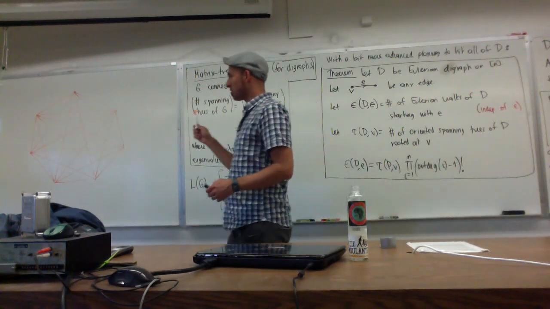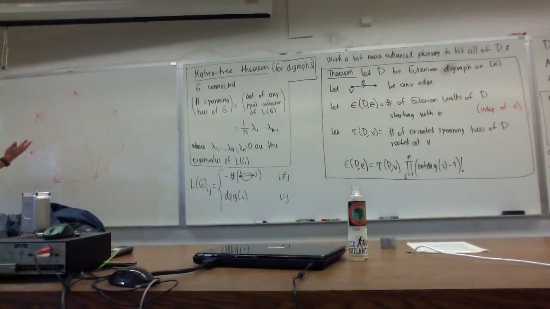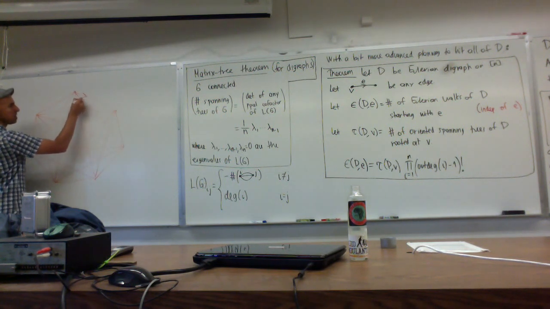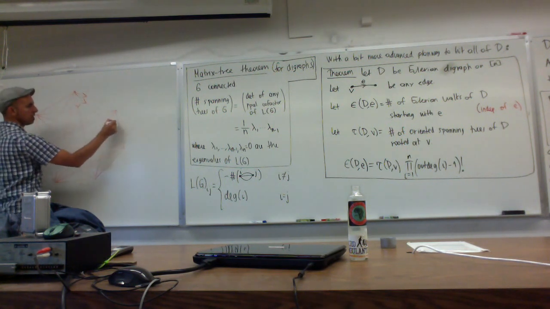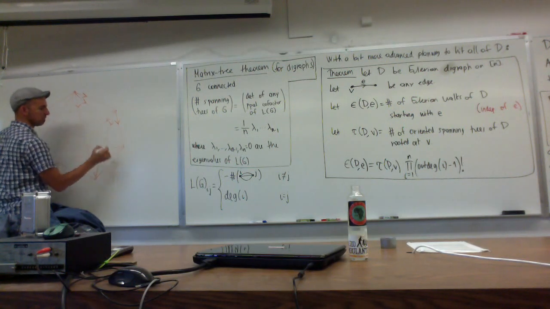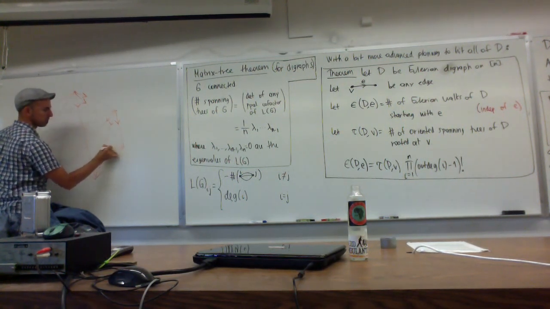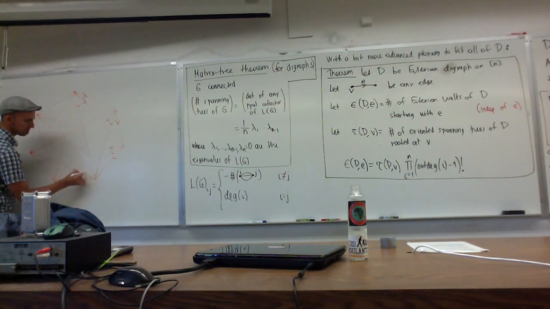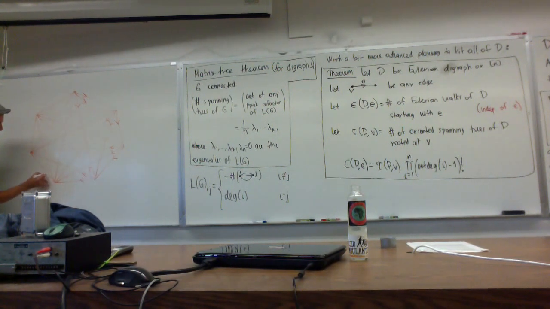So here's a graph. Okay, this is the complete graph K7, and now I want to orient it in such a way that it's Eulerian. Okay, and I claim that I can do that by taking the first 3 edges out of each vertex and pointing them out. Can you repeat the claim?